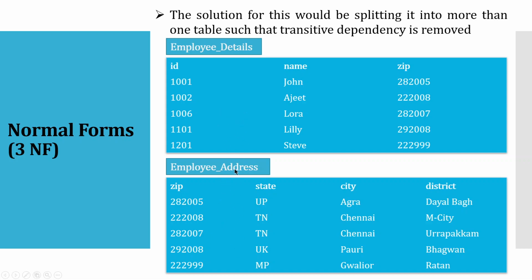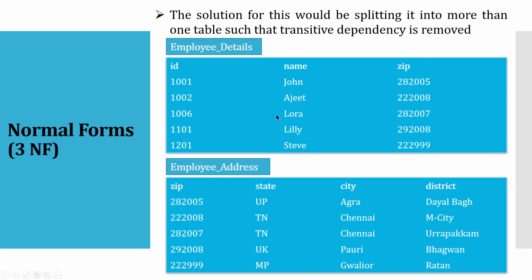Nupur, see, ID, name and zip. There is no transitive dependency directly in this table, where ID is a super key as well as a candidate key, right? In the table with zip, state, city and district, there can be a transitive dependency, but zip is not part of a super key or candidate key. So this transitive dependency may be allowed. There is no issue.